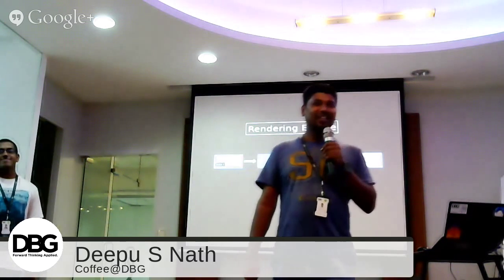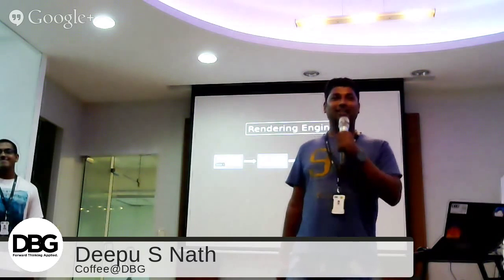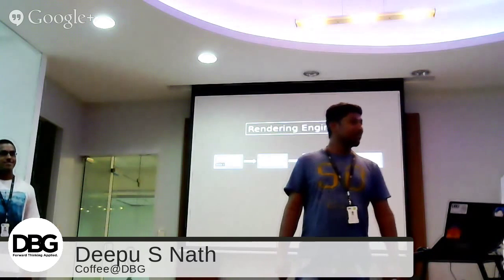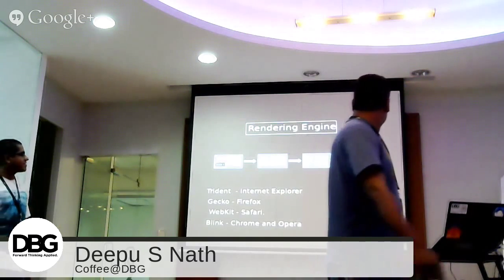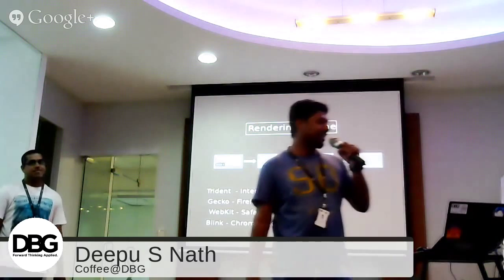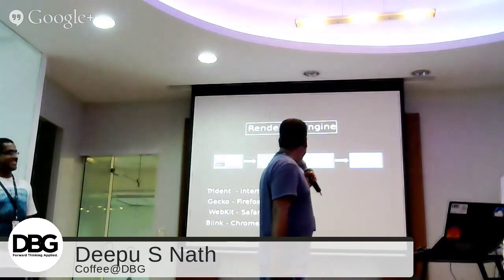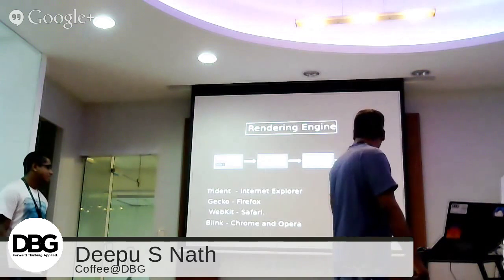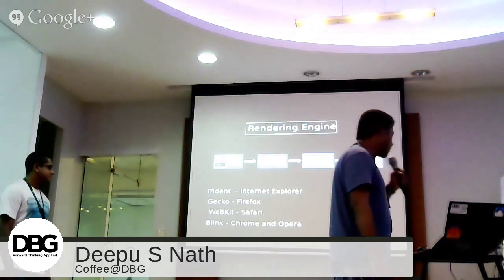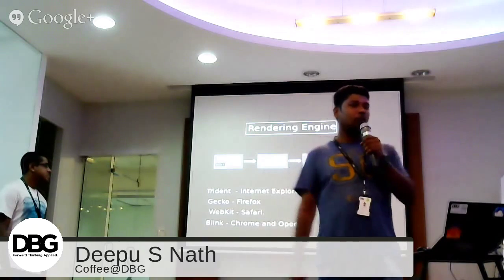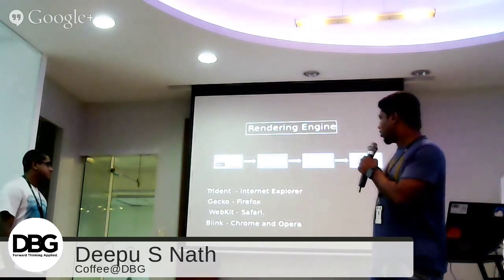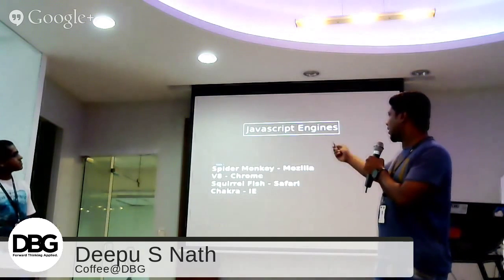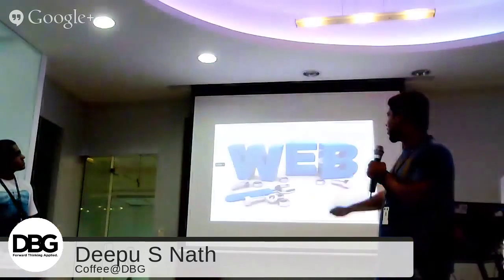What is the rendering engine used in Mozilla? Blink, as Surya says, is a fork of WebKit used in Chrome and Opera. Then we talked about the JavaScript engines: SpiderMonkey, V8, Squirrelfish, Chakra, etc.